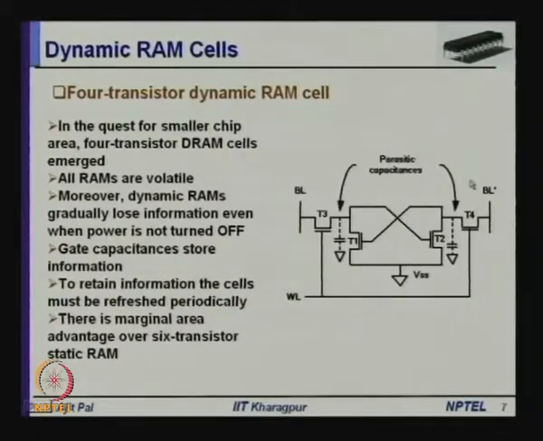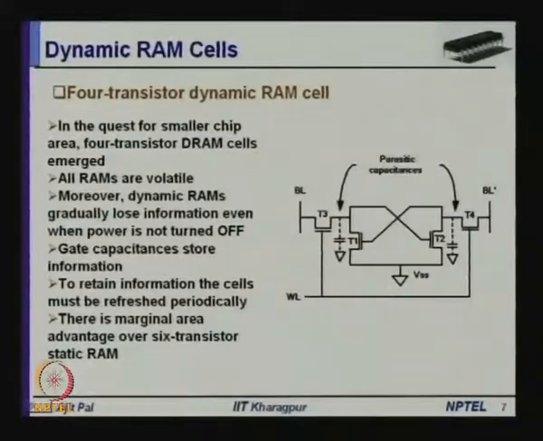And as you can see here, in this 4 transistor dynamic RAM cell, although there is some reduction in the area, unfortunately the area reduction is marginal. So, there is marginal area advantage over 6 transistor static RAM cells, and whenever you go for dynamic RAM, you have to keep provision for periodic refreshing.